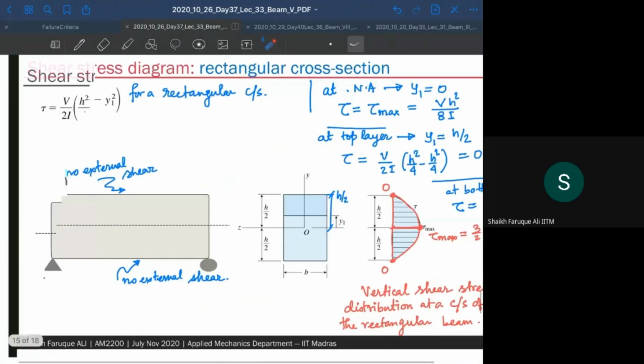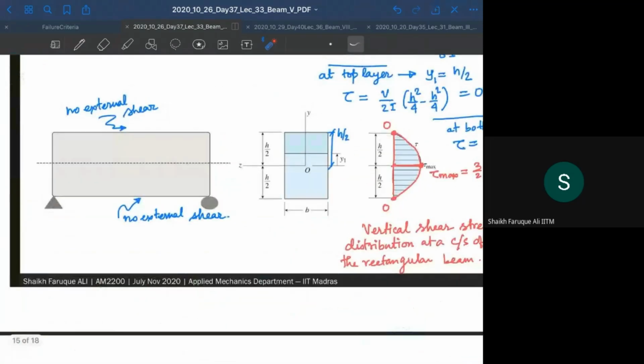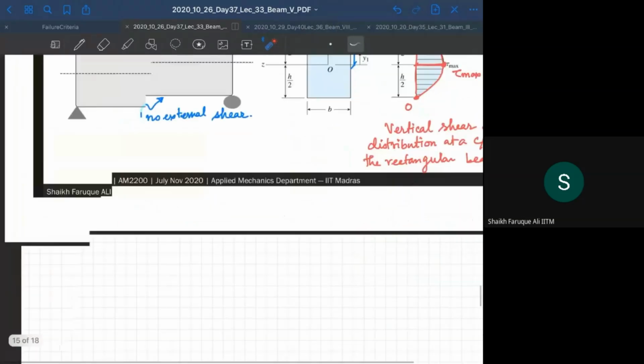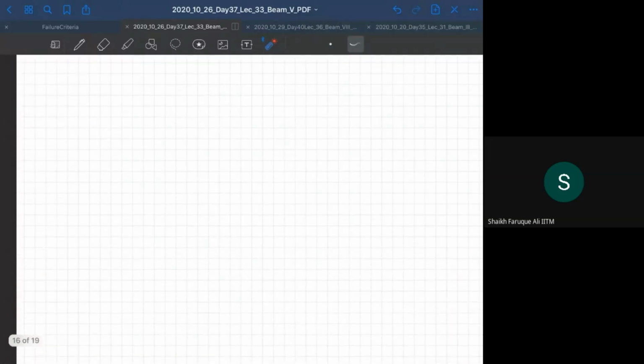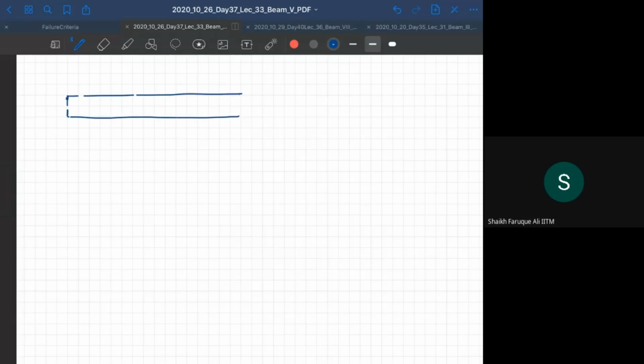Wait. I'll take a page here and explain. All right. So I have this length of the beam, right? And we want to look, let's say, at a section here, section A. And when you draw a beam, you have to draw like this.